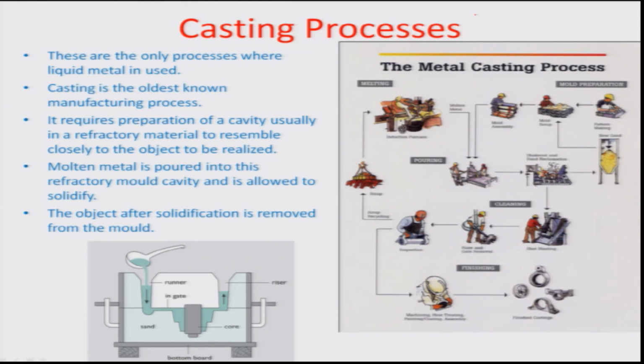The primary processes are those where the overall shape or size of an object can be given. For example, the casting process, which is a primary process, or a forging process where you are heating up the iron and trying to shape it so that there is some overall shape incorporated, or overall size within which the material is constrained.